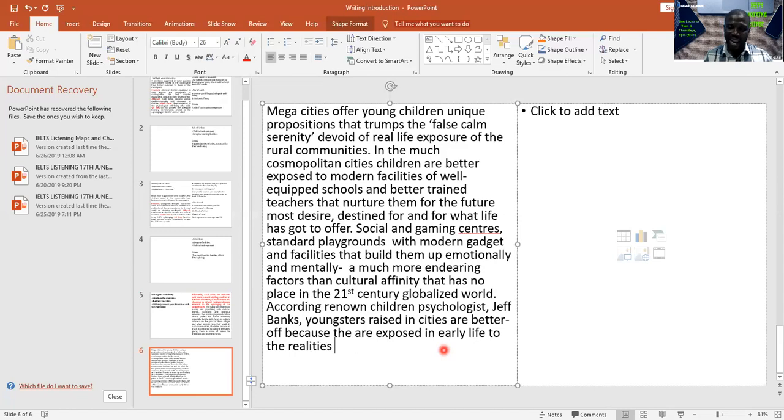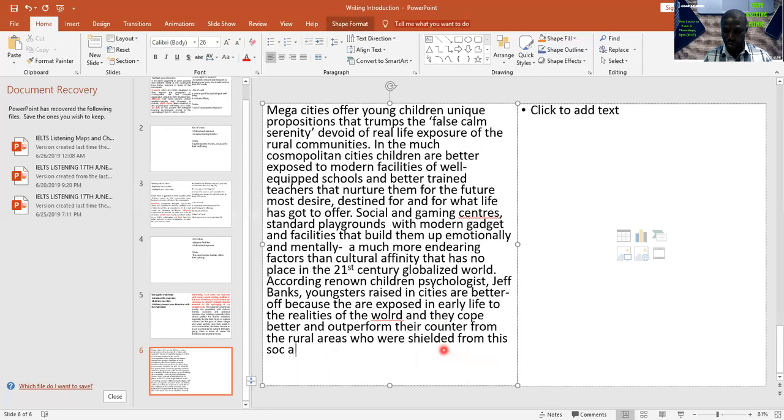They are better exposed early in life to realities of the world, and they cope better and outperform their counterparts from the rural areas who were shielded from these so-called harsh realities.